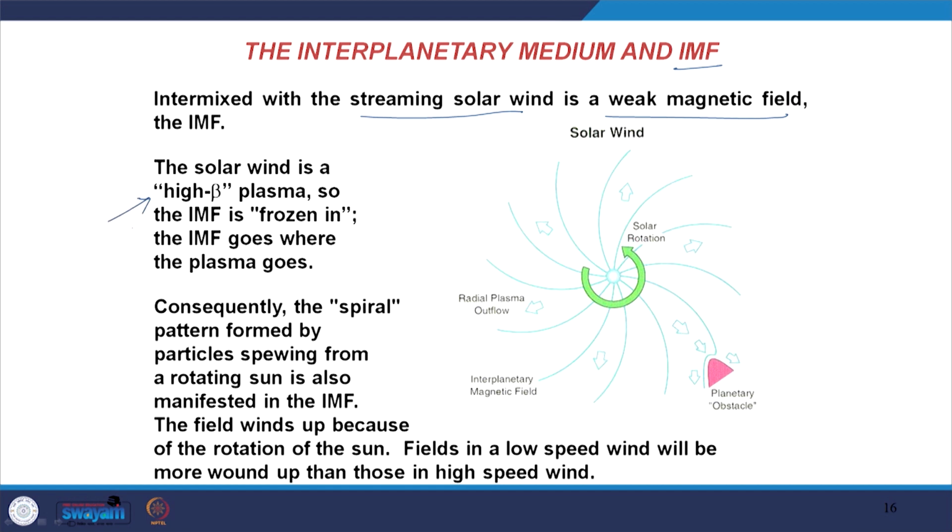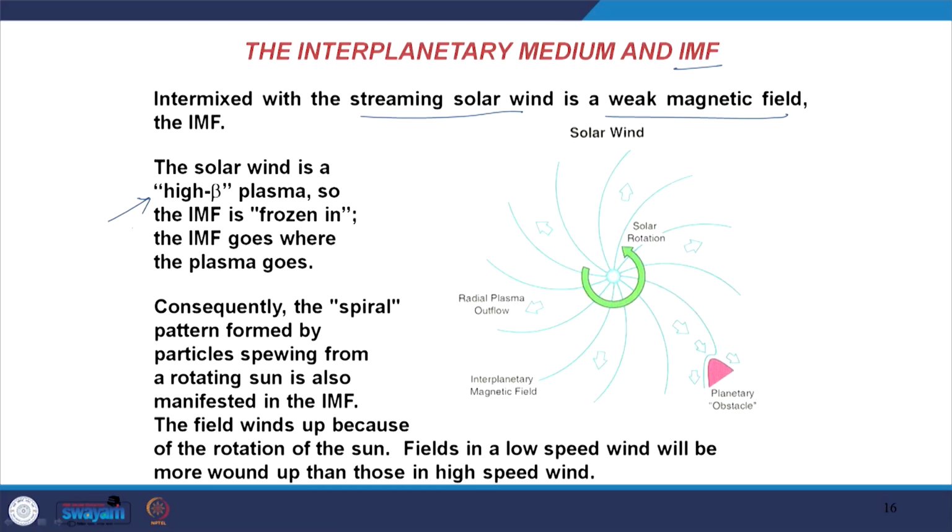Beta value, which we have defined somewhere, is the ratio between the pressure that can be exerted if you consider the solar wind plasma as a fluid and the magnetic pressure, B square by 2 mu naught. If you take a ratio of that, you get what is called the beta, and the beta value signifies how intense the magnetic field present in the solar wind plasma is and how large a pressure can be exerted by it. So, solar wind is considered a high beta plasma.